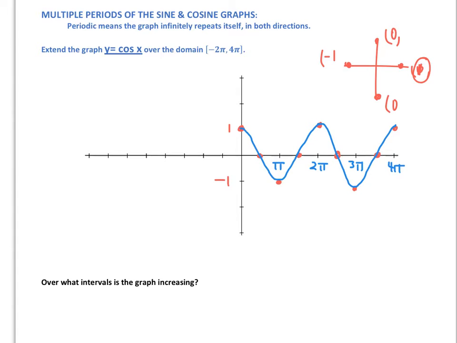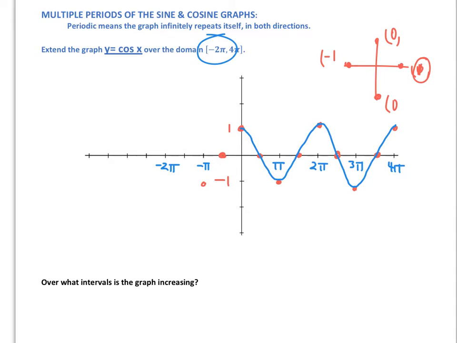All right? They did want us to go all the way back to negative 2 pi. So if I were to extend my graph, where would be the next point to the left of the y-axis? Where should I put my next dot? Anybody? Eric? At 0, so it's right here. The next one will be at negative 1.